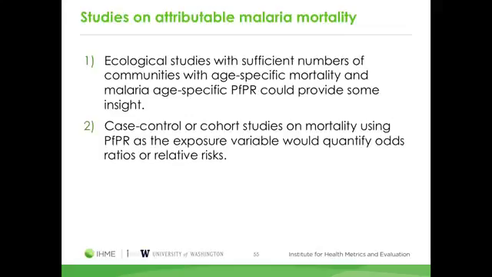And the other strategy would be to literally treat presence of parasites at certain quantitative levels, which you could define differently, as an exposure and do classic epidemiology to look at either odds ratios or relative risks, depending on the study design. I think there are ways to do that relatively quickly given existing data, and that might be an alternative to get out of this conundrum about malaria.